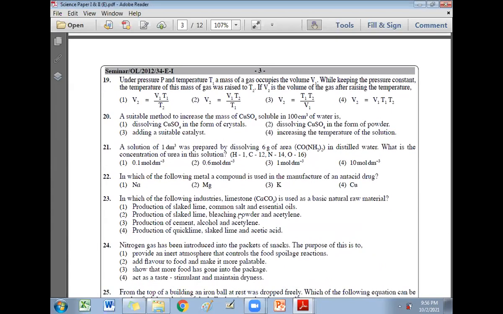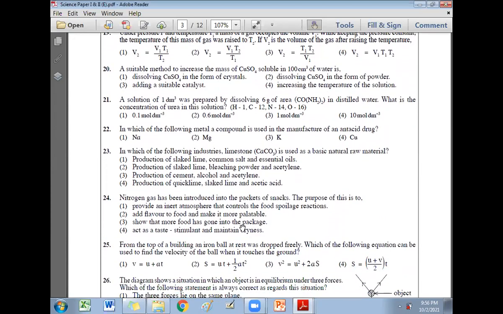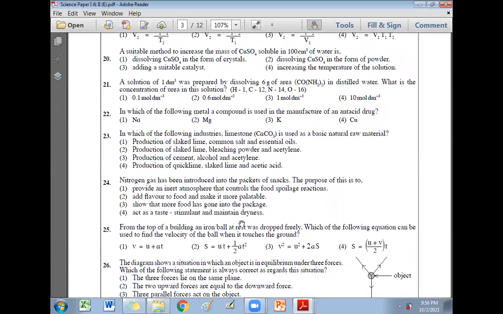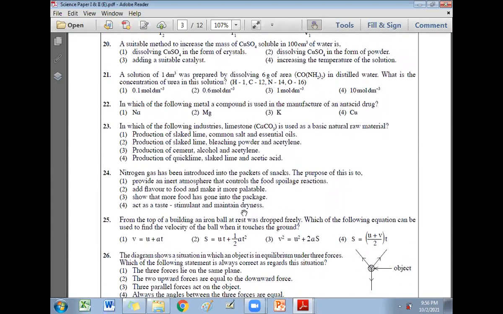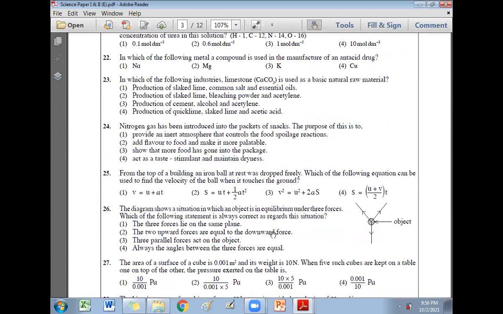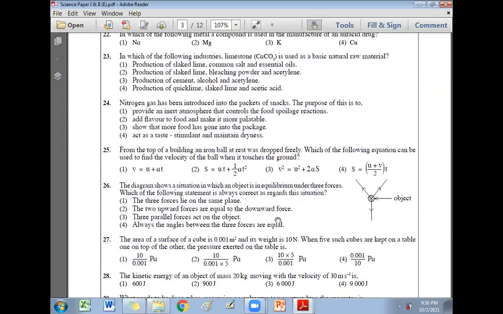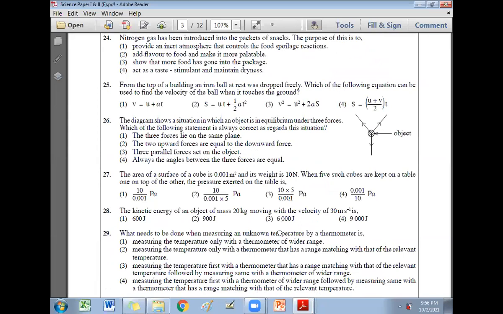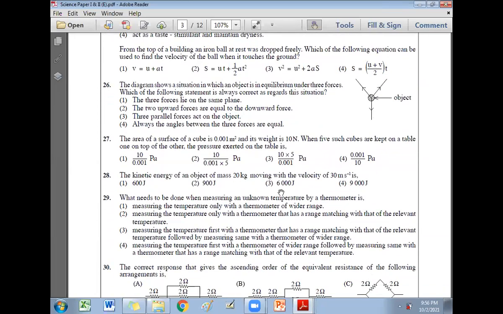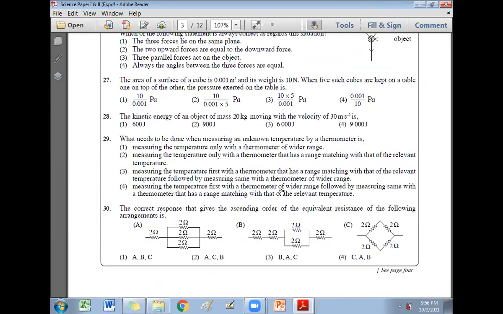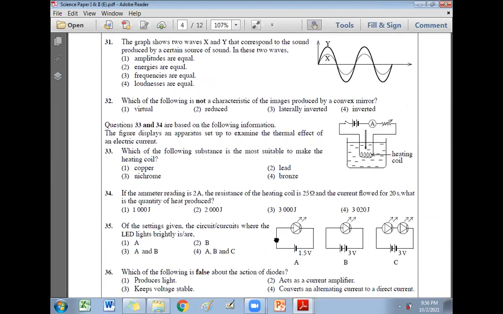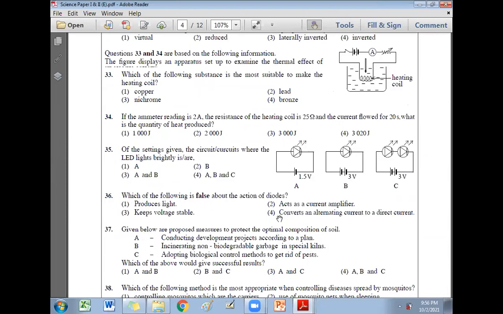So about 5-6 MCQs are out of syllabus now, the rest you can do. Question number 23 also, if you want, you can put across. Question number 25, no need. Everything else you can do.